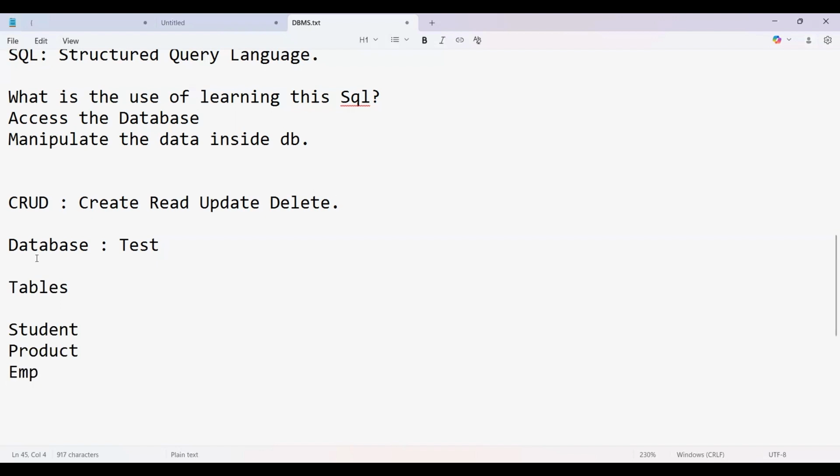So this database can contain any tables. You cannot create any table without a database. This is one important point.